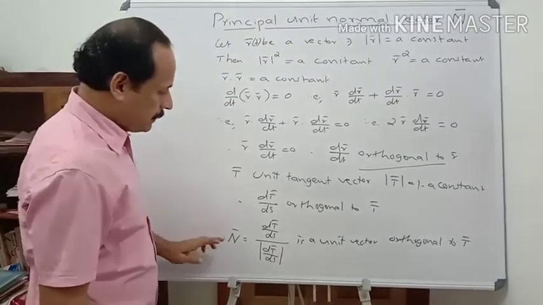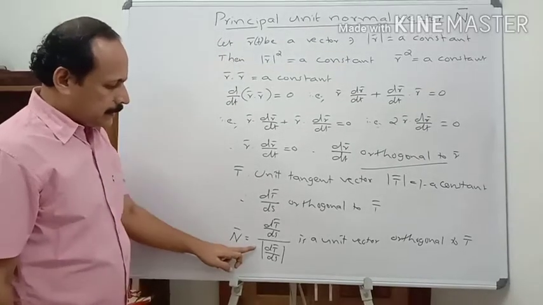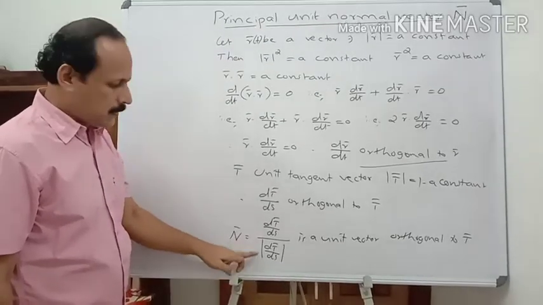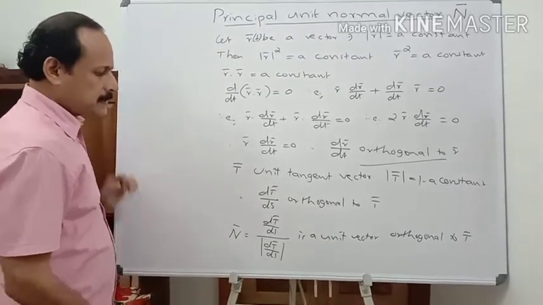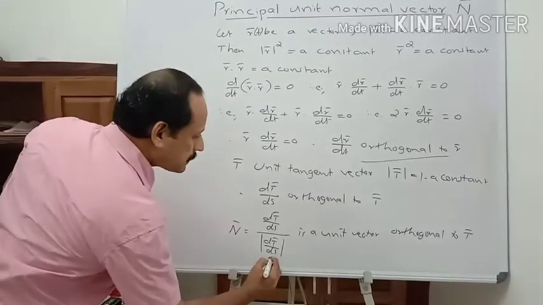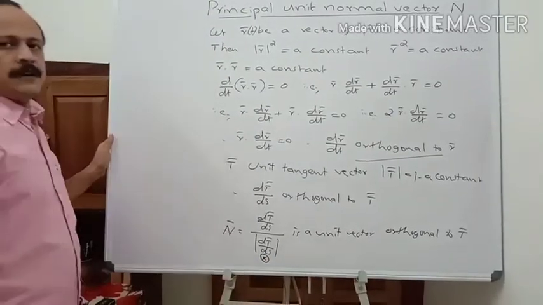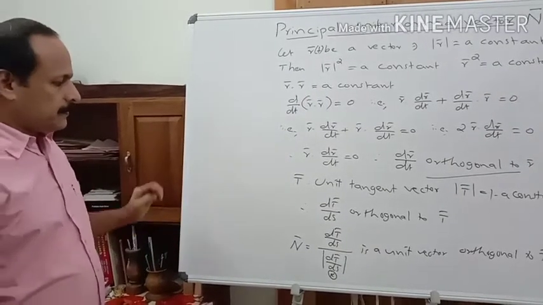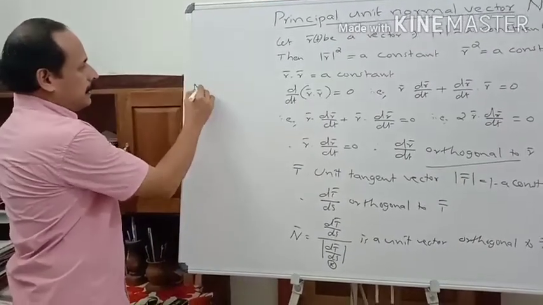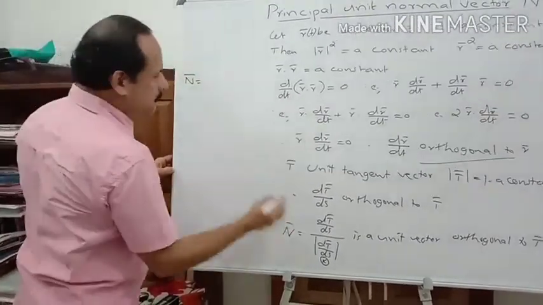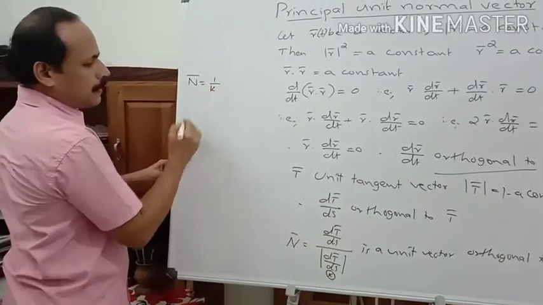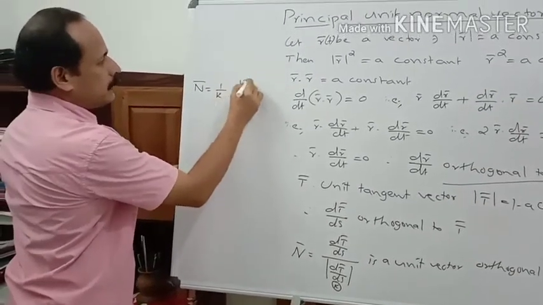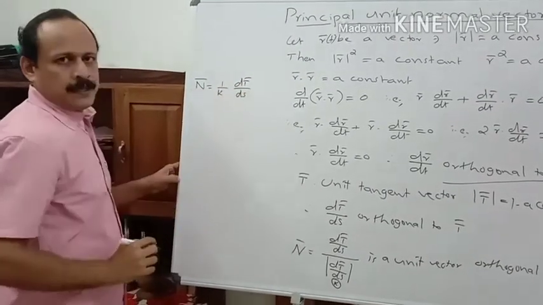And here mod dt bar by ds is kappa, which is the curvature of the curve. Therefore we write n bar equal to 1 by kappa into dt bar by ds.